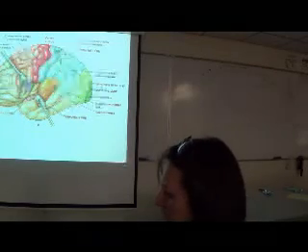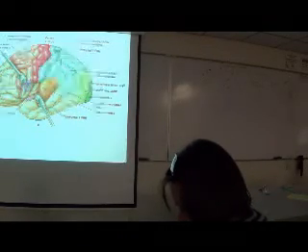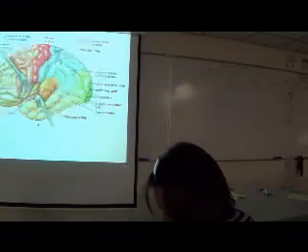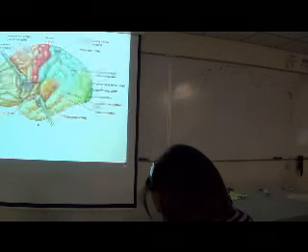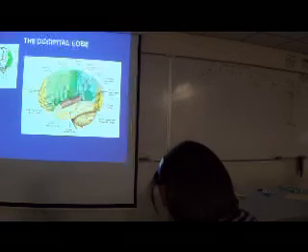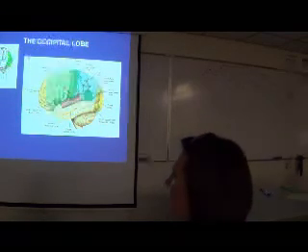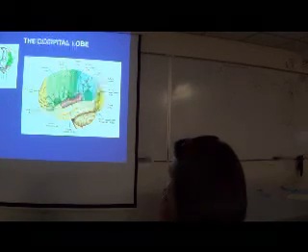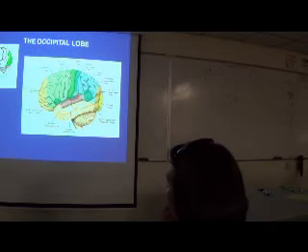Okay. And you'll notice that it has regions. If you were to just pinch the very tip of the occipital lobe, that would be what's covered up here. It's this bright yellow area here. That is the primary visual area, or the primary visual cortex.